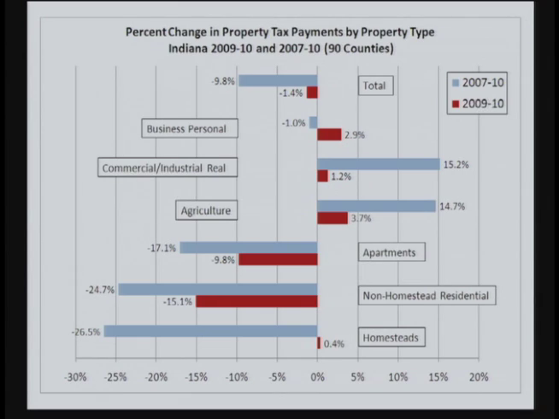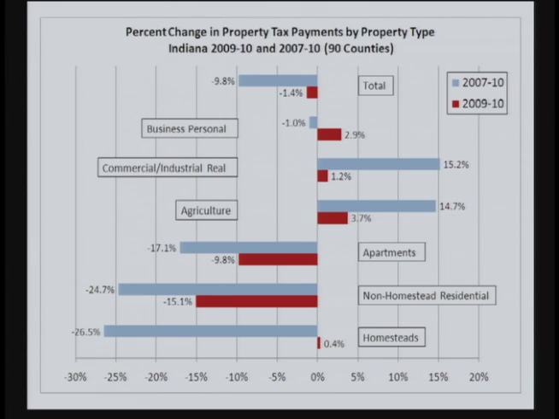And what we see is that since 2007, homestead property taxes have declined by quite a bit, on average across the state by 26.5%. Now they increased very slightly in 2010 from 2009, but a very big decline since 2007. This is not because of the tax caps. The tax caps were tightened to their permanent levels in 2010, and yet homestead taxes actually went up a little bit.